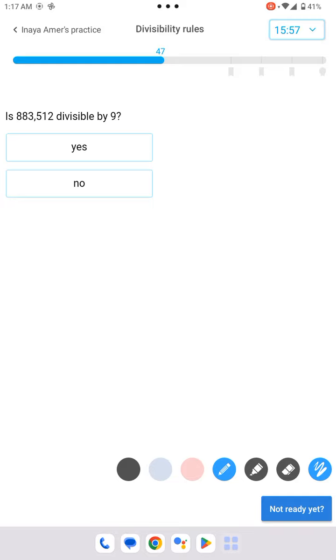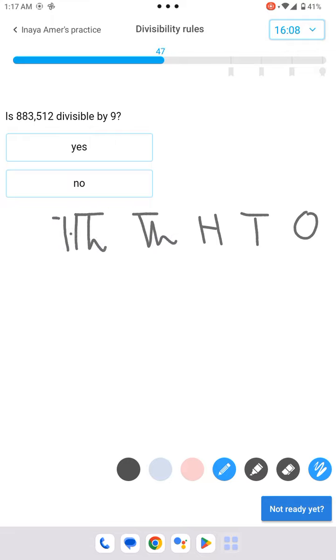Divisibility rule of 3. Ones, tens, hundreds, thousands, 10,000, 100,000, and so on.